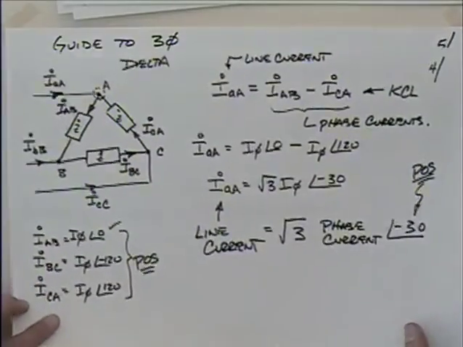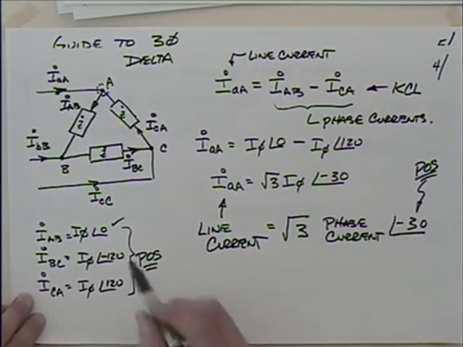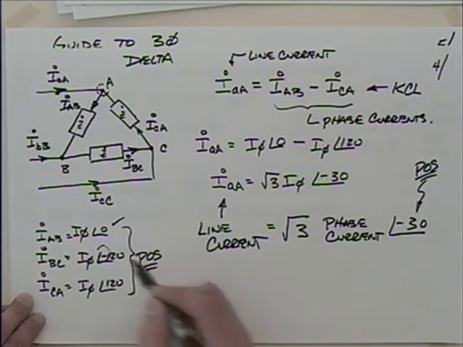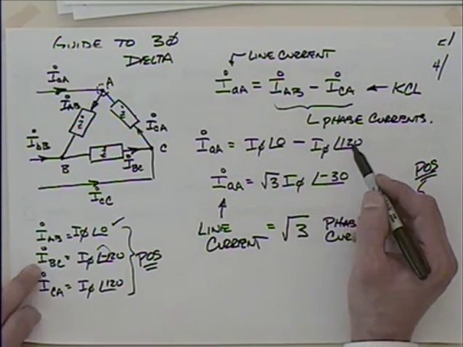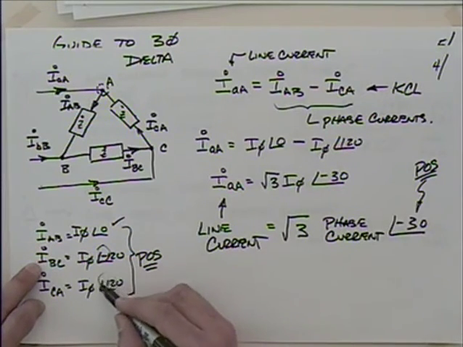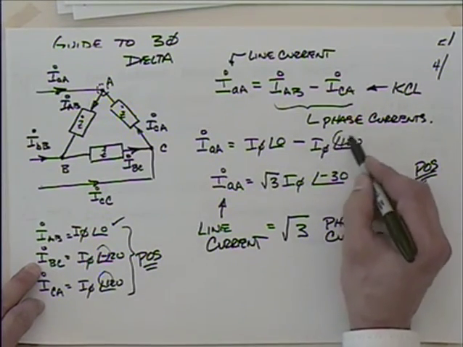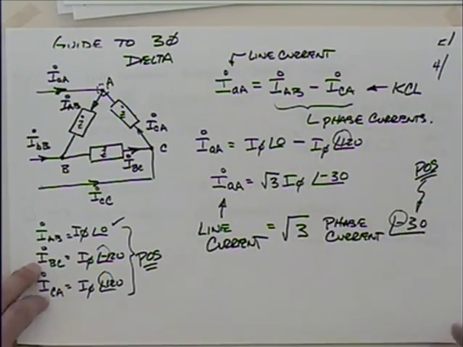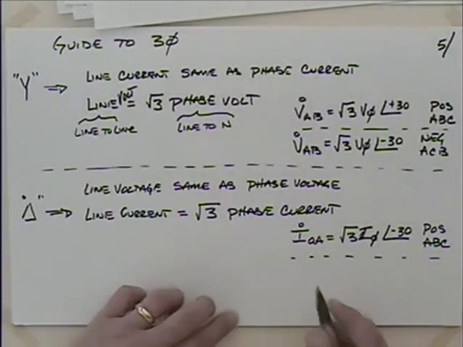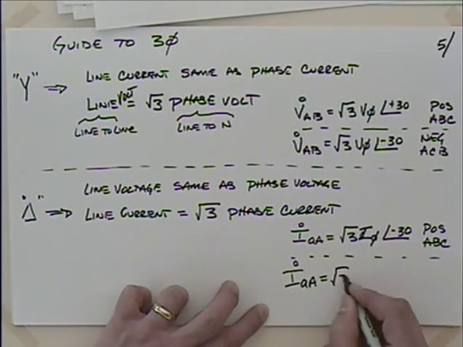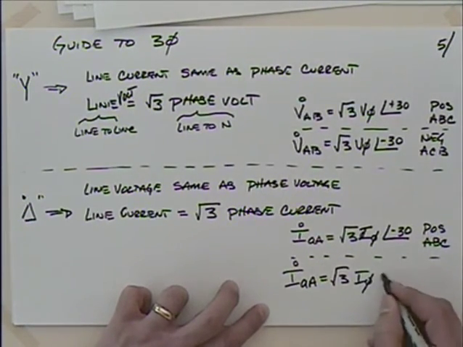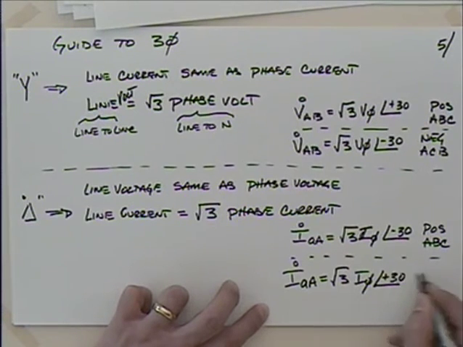If you go back through this, you'd have to assign this as a negative number, so this would be negative, and this would turn out to be positive. So you're going to say then that I, little a, big A, is equal to the square root of 3 times I phi at positive 30 degrees. And this is for a negative phase sequence, or ACB.